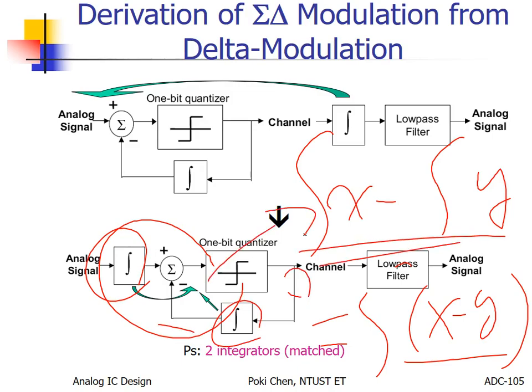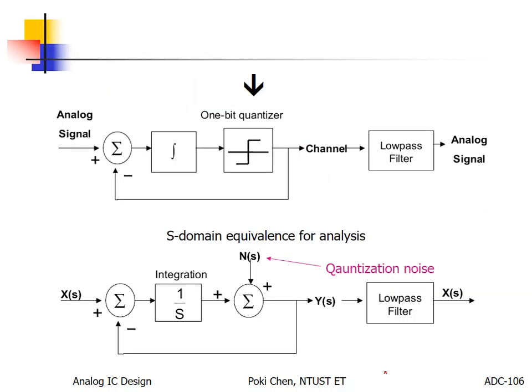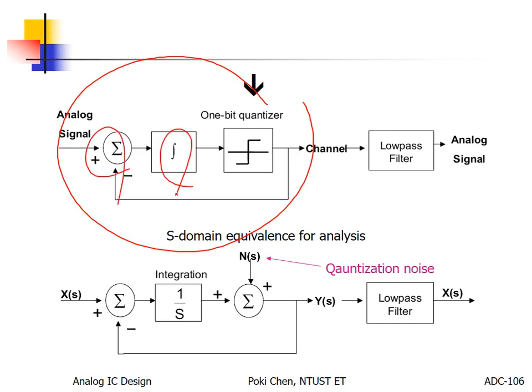That is this idea. But we can make it like that: you take the difference first and then do integration or summation. The same, right? And this is the final structure. You still have a summer, an integrator, and a one-bit quantizer. 1, 2, 3. See?